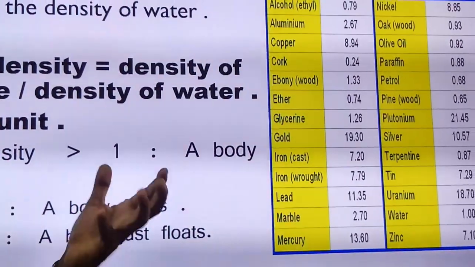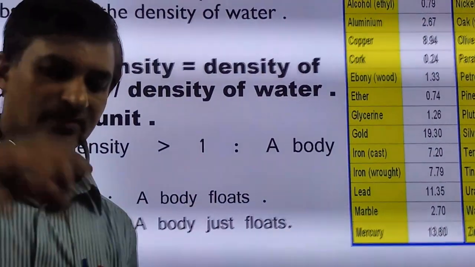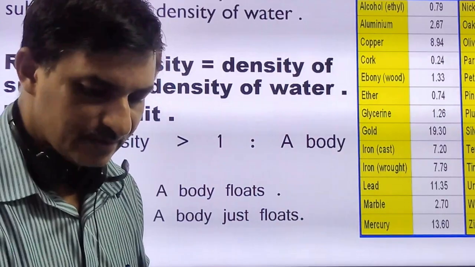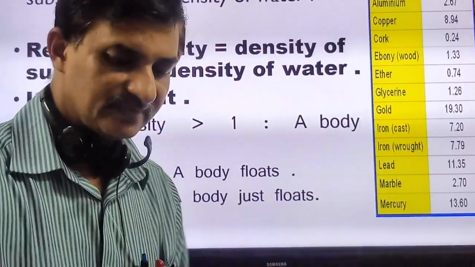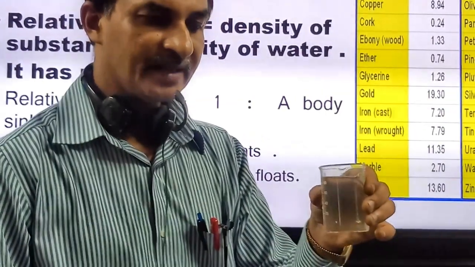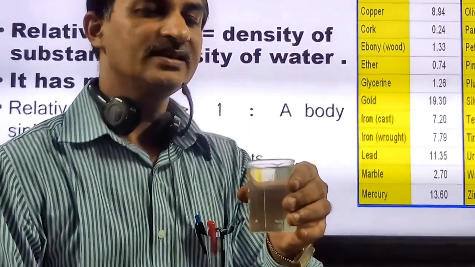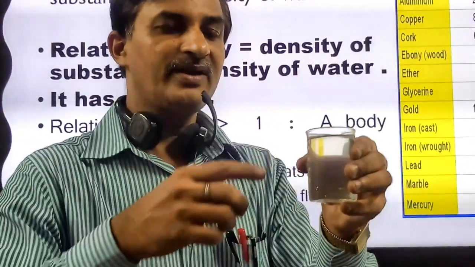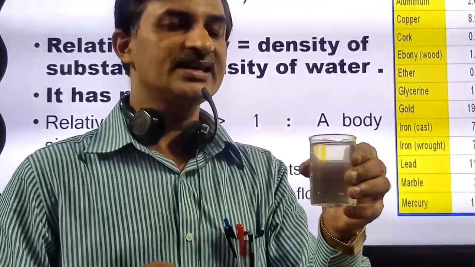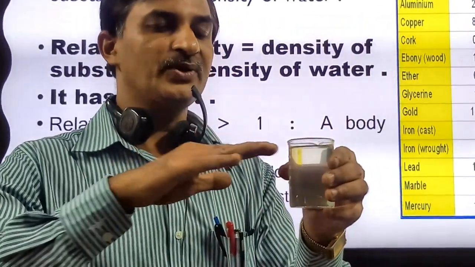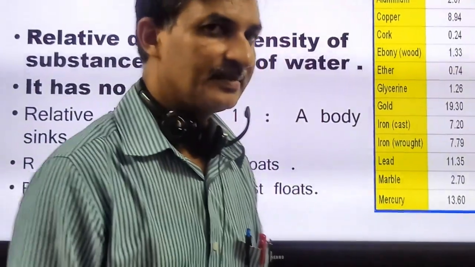Water floats over water. If we mix some water over this, you cannot say whether it is floating or sinking. If I mix some water, where will this water go? You have no answer. You cannot say it is floating or sinking because the density is the same.